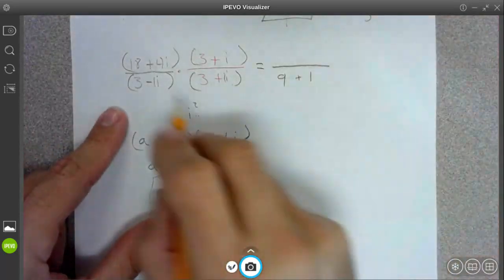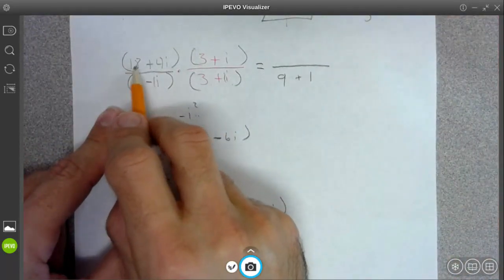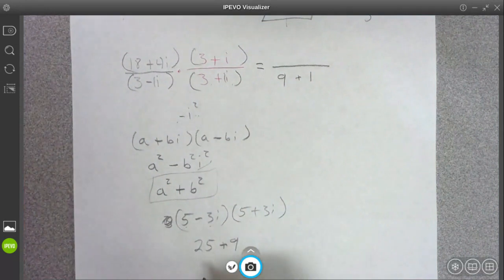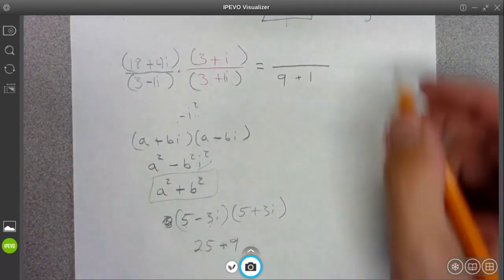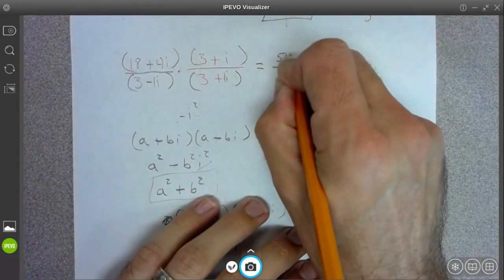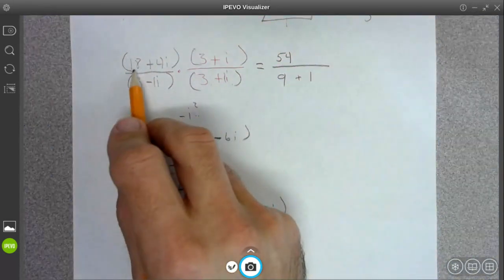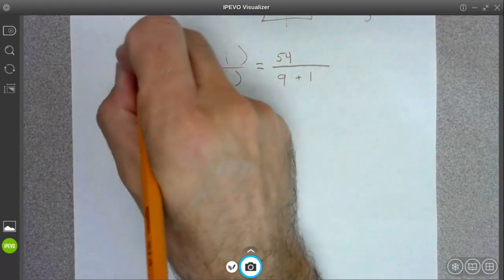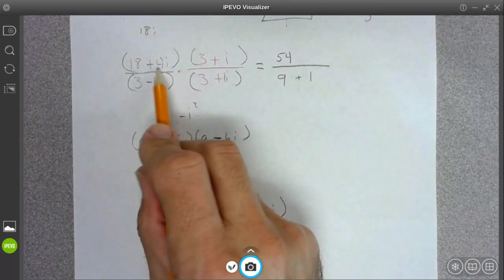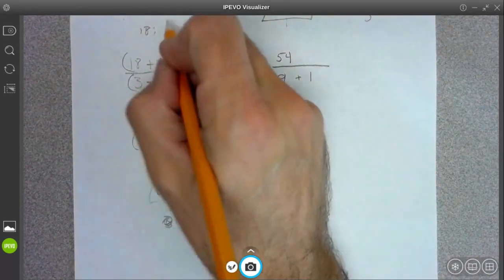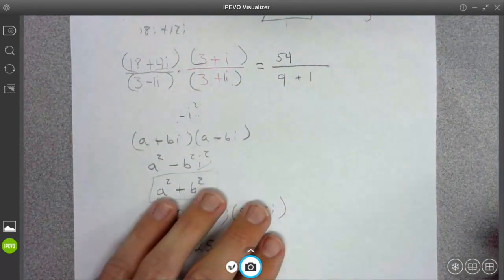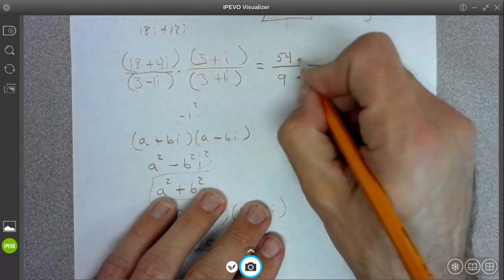Okay. On top, 18 times 3, oh gosh, 54. And then you're going to have 18i. Just write that up there. Here you're going to have 12i. So that's going to be 30i.